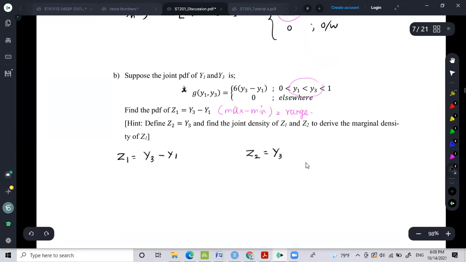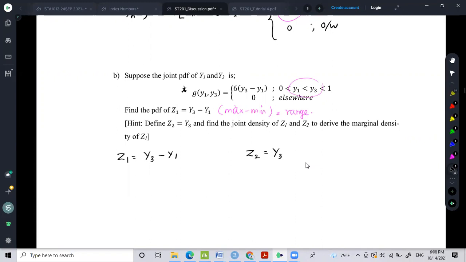Now, if this hint was not given, you should be able to figure out that the easiest approach in this case is the Jacobian, using the transformation method. You should know that you have to define your own random variable, and it should be a simple one. When it comes with min and max, I think the max is the easiest to go with. Anyway, you can try with Y1 also and see how it goes.